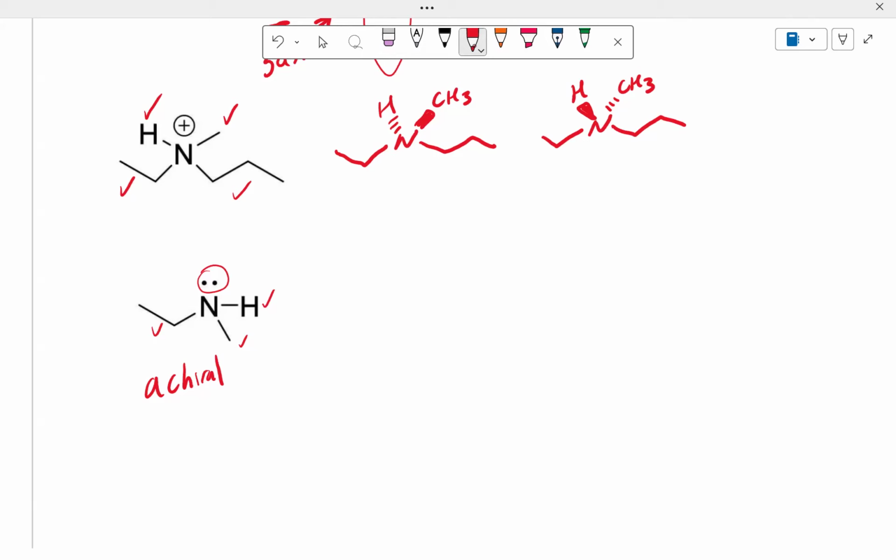Yes, technically it does. But because of the way that lone pair floats around, it could be in one place or another, and it does this rapidly at room temperature, so you can't really resolve it into an enantiomer. So chemists just say, let's say it's not chiral just to make it easy.